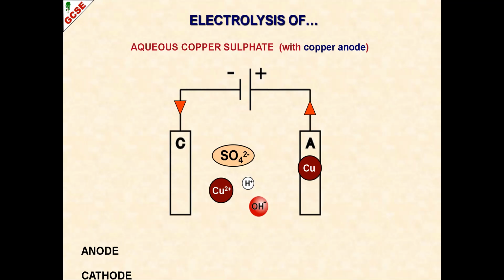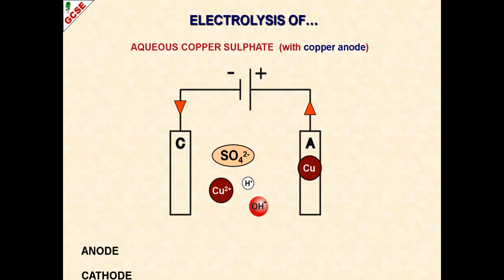This method is also used to obtain pure copper from impure copper. So can anyone tell me that if we are using this industrially to purify copper, will my anode be the pure copper or will my cathode be pure copper? Cathode will be pure copper.